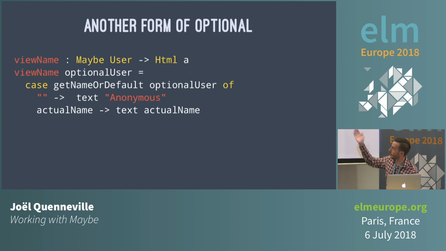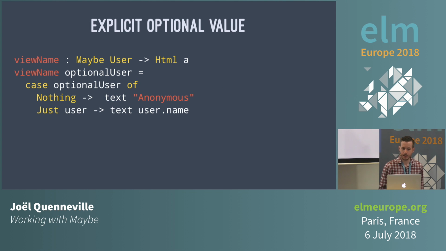And then in here we have to do yet another case on the empty string to check that it's anonymous or we show the actual name. Now, is this any better? Did we gain anything by doing the default earlier and defaulting to empty string? Not really. This logic is just the same as if we'd skipped the defaulting step and just put nothing in right there.